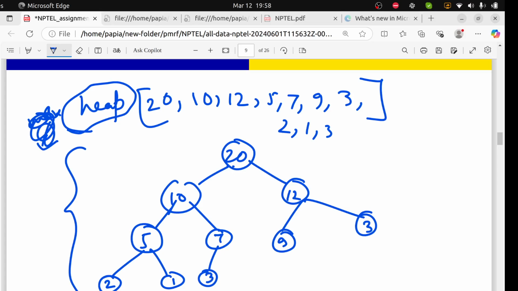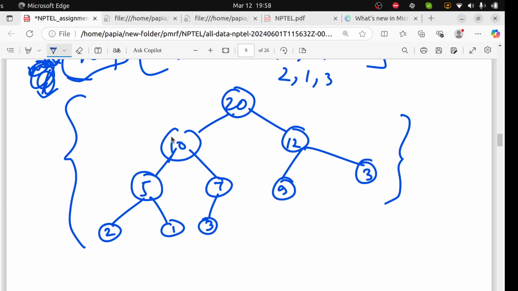So it will come as 5, then 7, then as 5 and 7 is already done, so it will come as 12, beneath 12 it will be 9, then 3, then 2, 1, 3. Okay, so maybe that was the question, and whenever you will have the question, you will definitely draw this picture quickly. That is very good.